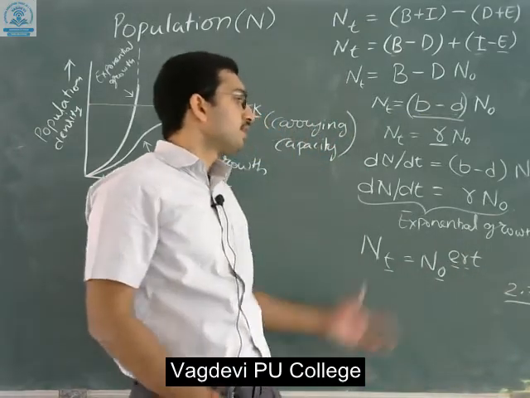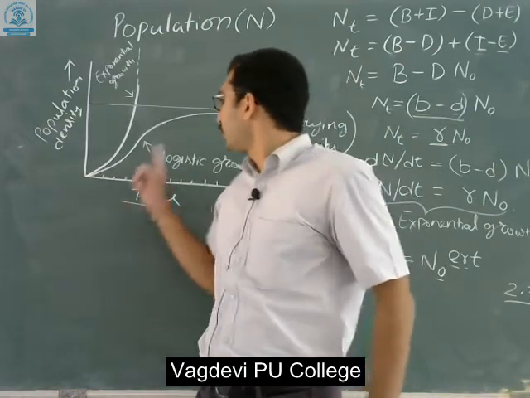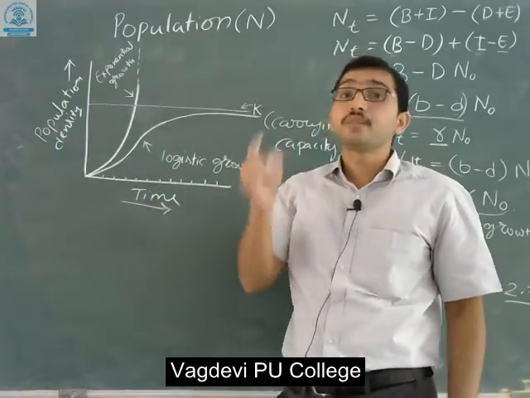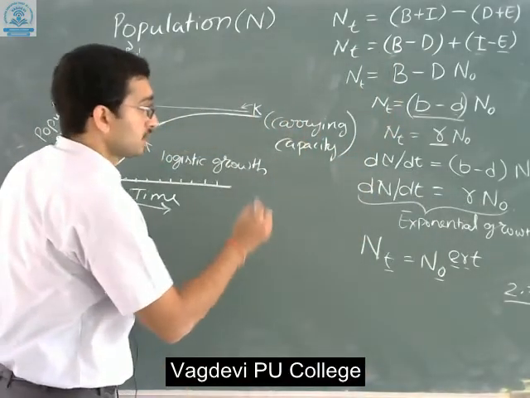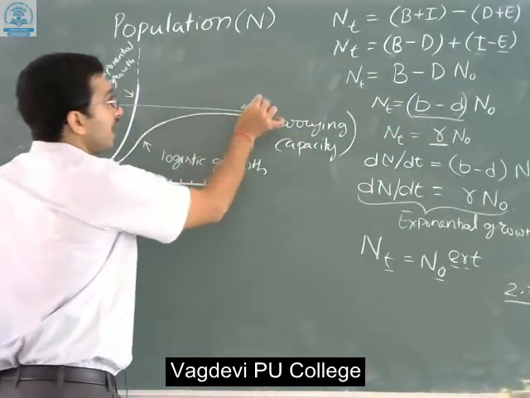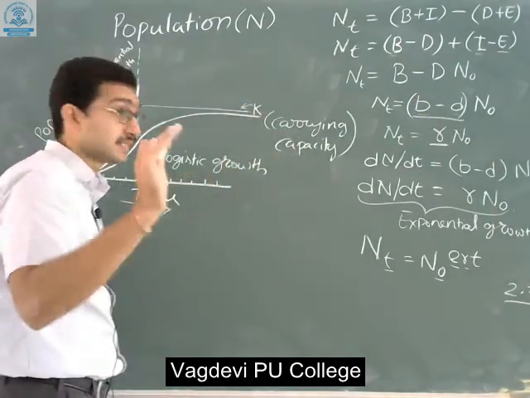The population in the logistic growth curve can be calculated with the help of the same equation, but with carrying capacity as its limit.